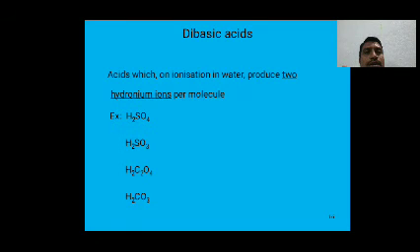Acids which ionize in water to produce two hydronium ions per molecule are dibasic. For example, H2SO4, H2SO3, H2C2O4, and H2CO3 are all dibasic acids.